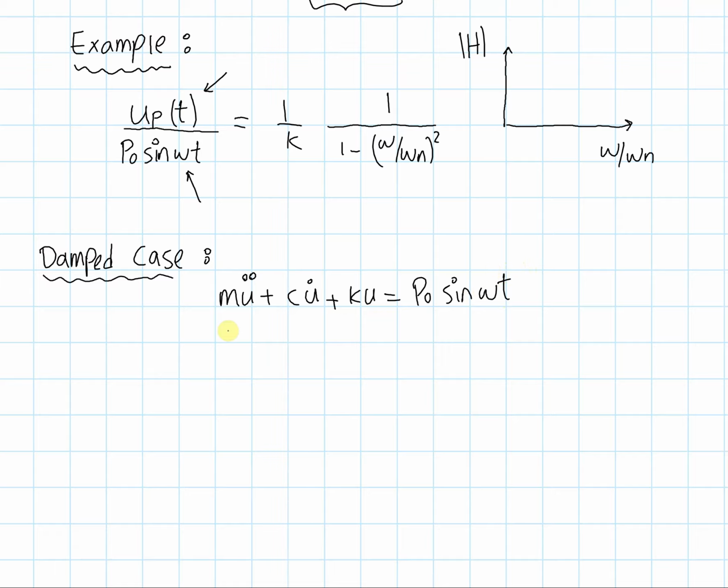For this step, the solution will be a little more difficult to derive, so I'll skip the derivation and give you the solution. And we're going to see what things look like. We're going to have a particular or steady state solution that has the following structure. We have P naught over k, and we have 1 minus omega over omega n squared.